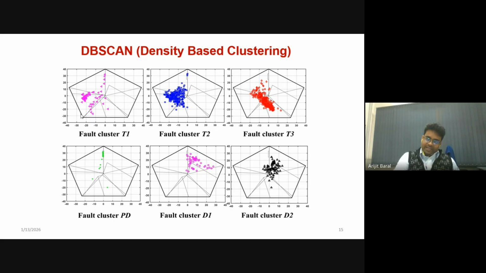So it's another technique where we considered that 75% of all the data points, the area of this cluster will be designed in such a fashion that 75% of all the data points which have been used for identifying the said cluster will lie within the cluster. And the remaining 25%, which will be lying outside the cluster, will be considered as outliers and will not be considered as influential data points.